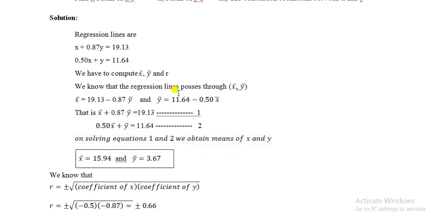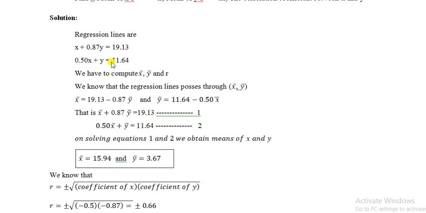And we know that regression lines pass through x bar and y bar, so these two equations become, in place of x and y, write x bar and y bar. Once again rewrite these two equations. x bar plus 0.87 y bar equal to 19.13, which is equation number 1.